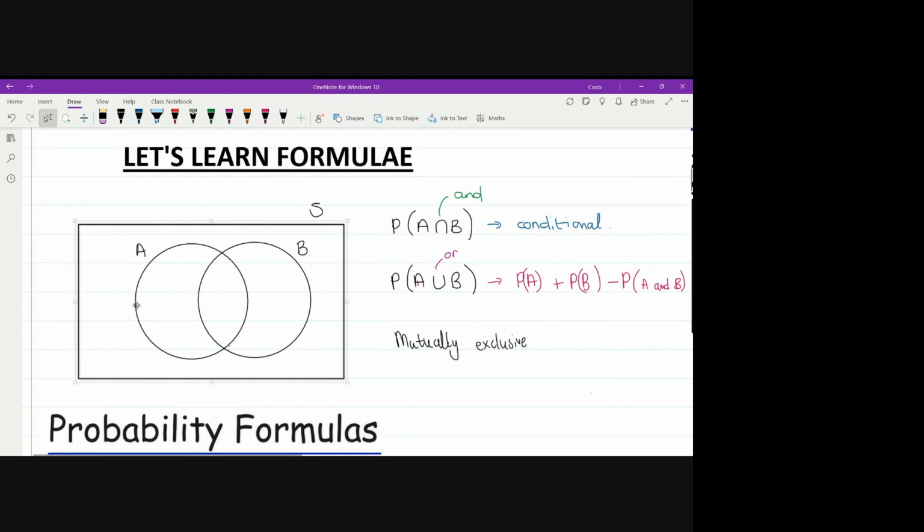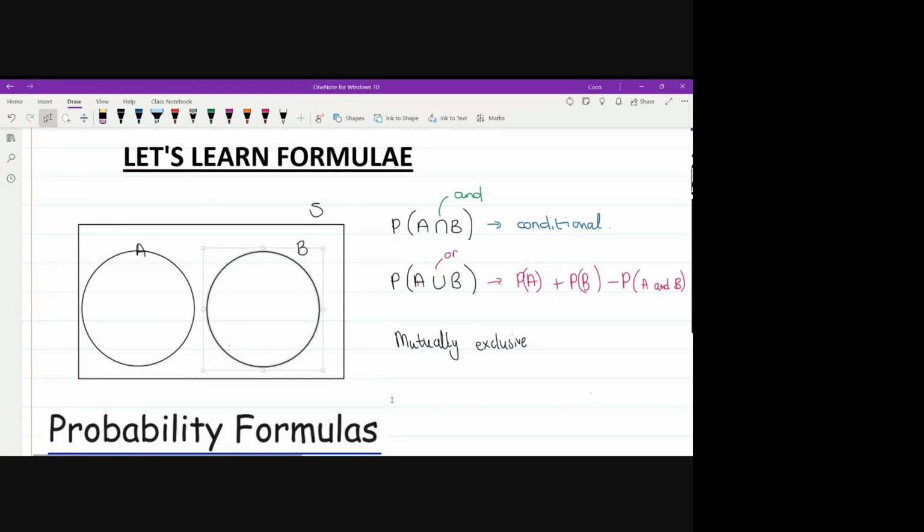So it's almost as if we've got A and we've got B like that. So I've got set A, subset A, and subset B, and neither of them makes up part of the other. So one cannot happen while the other happens.